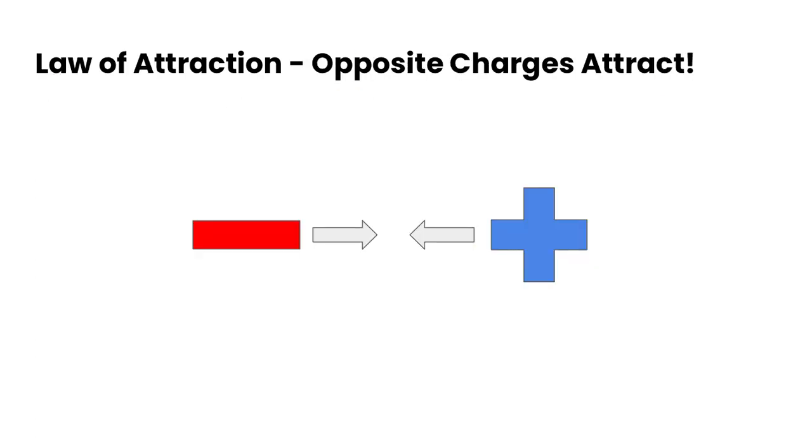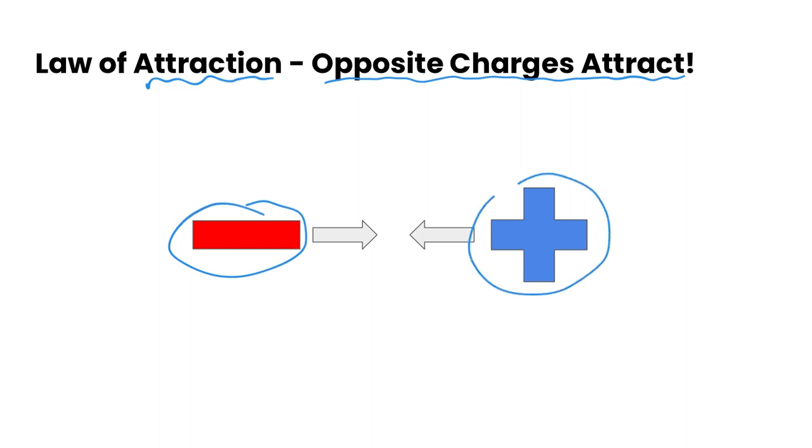Now, in terms of how charges attract or repel each other, there are two laws that we need to know. The first is the law of attraction. You may have heard the phrase opposites attract. This applies in electricity as well: opposite charges are going to attract one another. If you have a negative charge and a positively charged item, they are going to be attracted to each other.